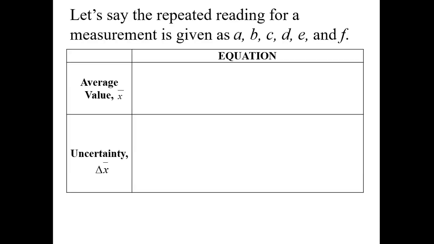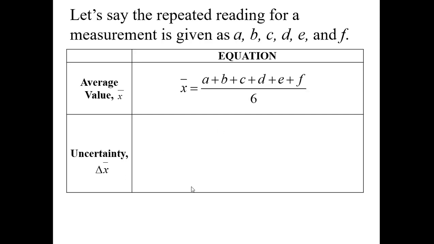Okay, let's say we have repeated readings for a measurement which are given as A, B, C, D, E and F. So how do I calculate the average value? The average value will be A plus B plus C plus D plus E plus F divided by 6. Why divide by 6? Because we have 6 measurements.